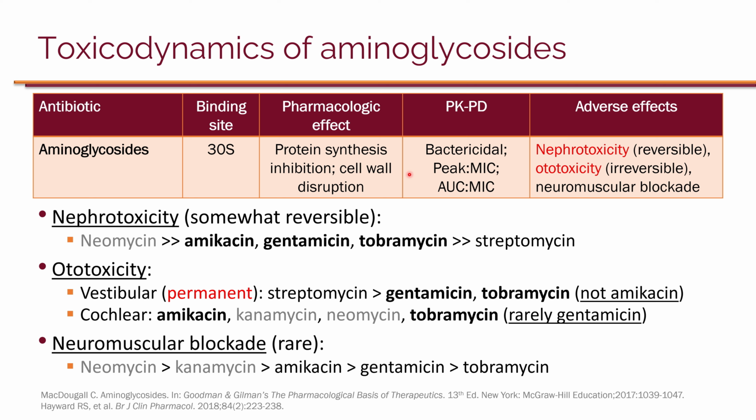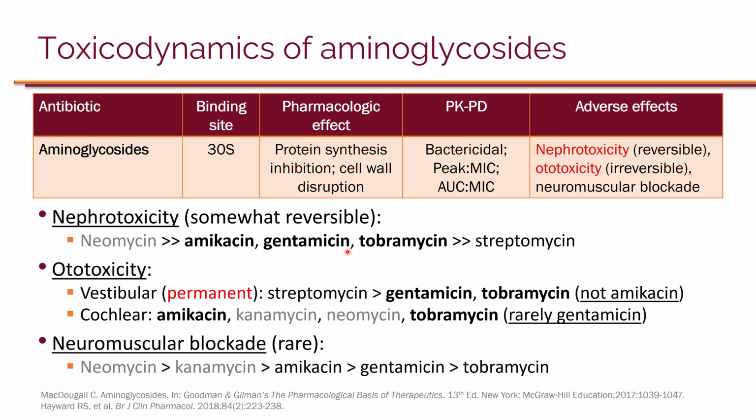So nephrotoxicity is a big issue with aminoglycosides, and in general nephrotoxicity is considered somewhat reversible, and it is dose dependent. So the higher the dose, the longer we use aminoglycosides, and the more frequently we use it throughout the day, the greater the risk of nephrotoxicity.